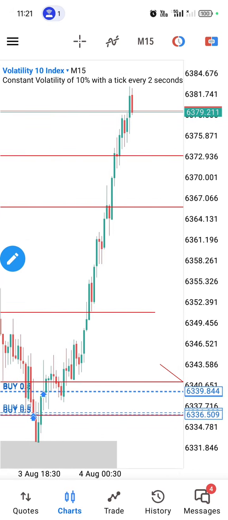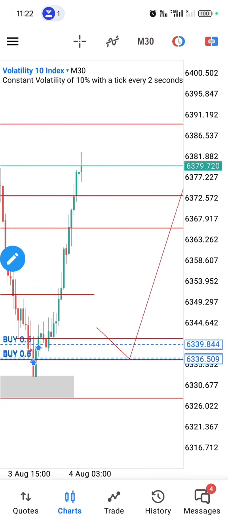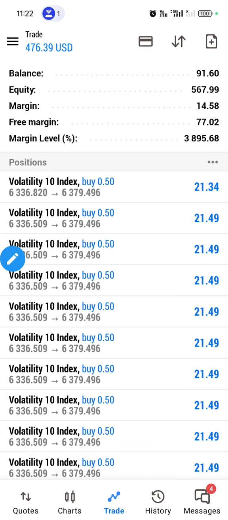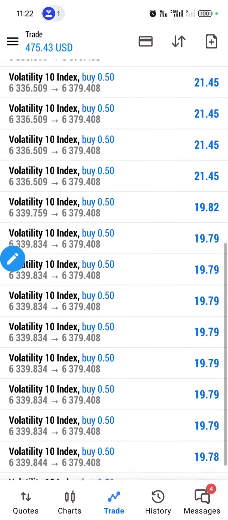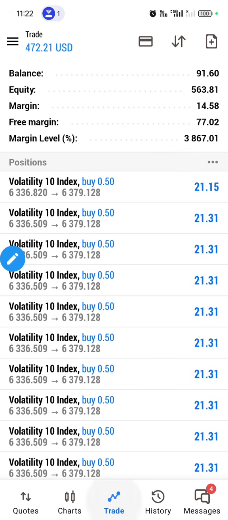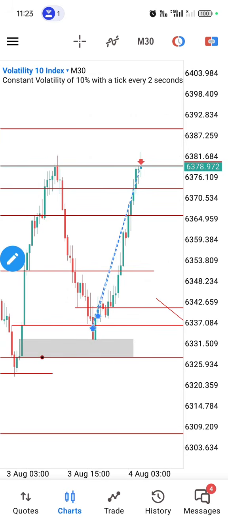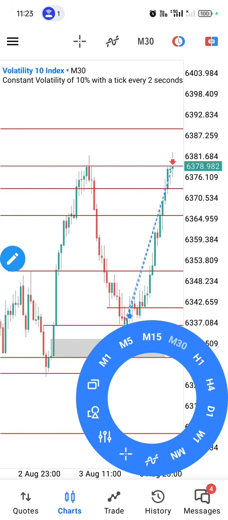It did a nice move up, and it was clearly headed for the buy side liquidity like we had said, and we went from 90 USD to 560 USD. That's a huge profit margin, and I decided to instantly take the profit. And yeah, I was satisfied, so we'll move on, or we'll wait for another re-entry.